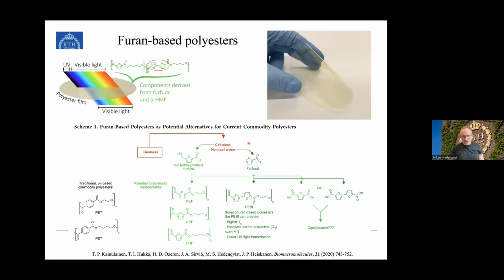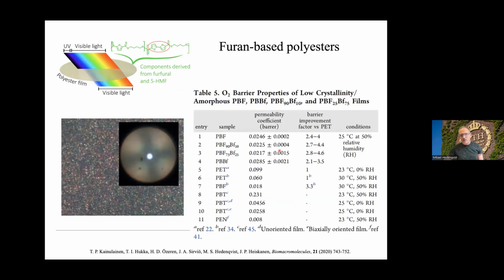We have done work on furan-based polymers, and this is essentially PET, but with the aromatic ring replaced by a furan ring. What is the effect of that? Well, these polymers with the furan group have quite significantly better oxygen barrier properties than PET, as you can see here.